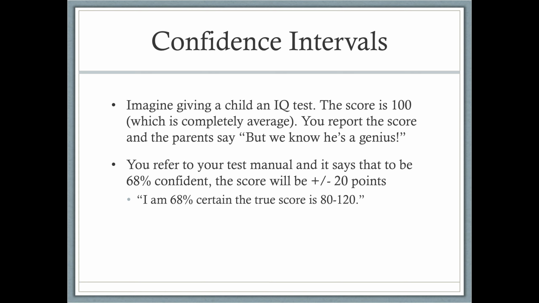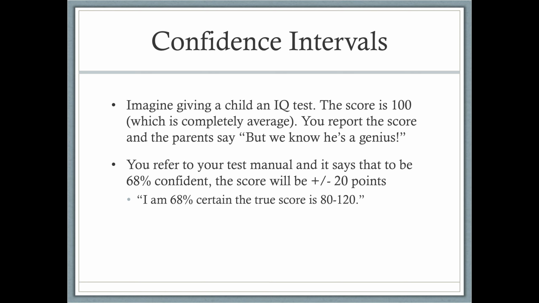So this is kind of an exaggerated example just to get familiar with the idea that tests and assessments come with these units called standard error of measure, and you tack them on to the person's score to compensate for error. And when you're reporting, you're saying, here's the range that I think your true score is in.